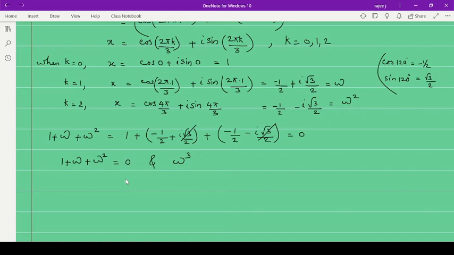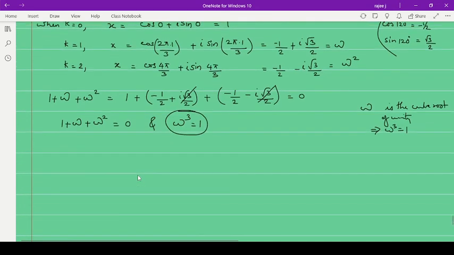But you need not do that, because it is already told that omega is the cube root of unity, which itself means omega cube is equal to 1. If you do not write it, it is okay. So 1 plus omega plus omega square equal to 0.